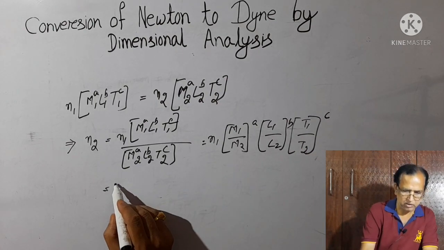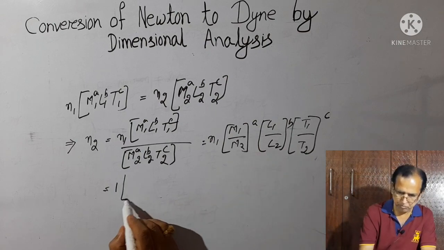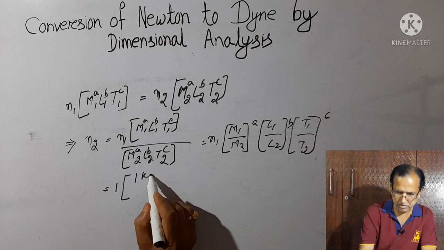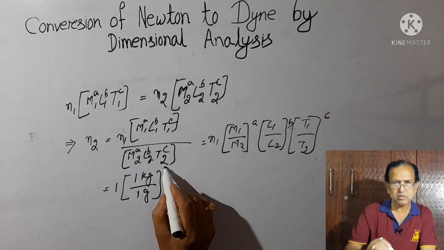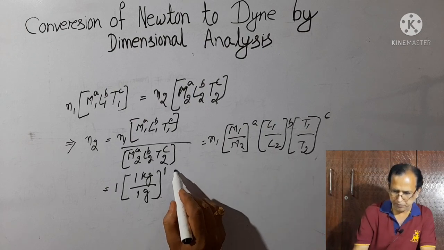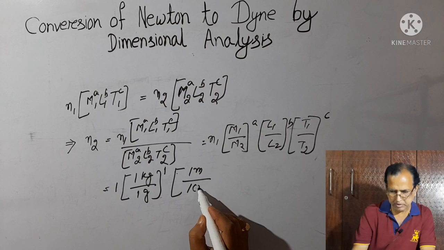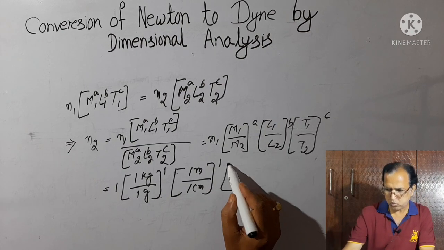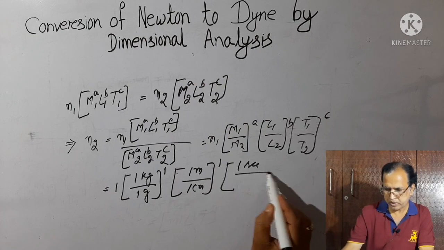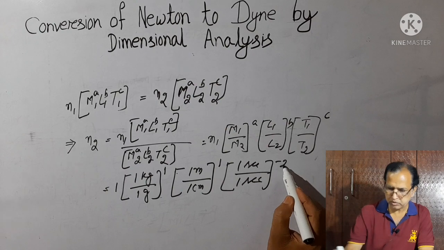N1 is 1. M1 is 1 kg, M2 is 1 gram, a is 1. L1 is 1 meter, L2 is 1 centimeter, b is 1. T1 is 1 second, T2 is 1 second, c is minus 2.